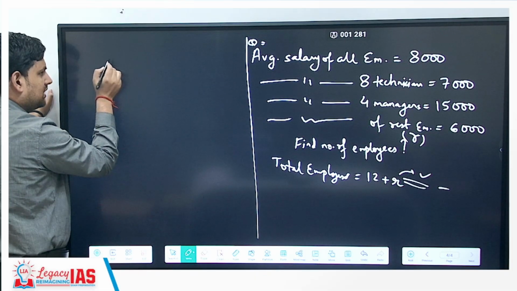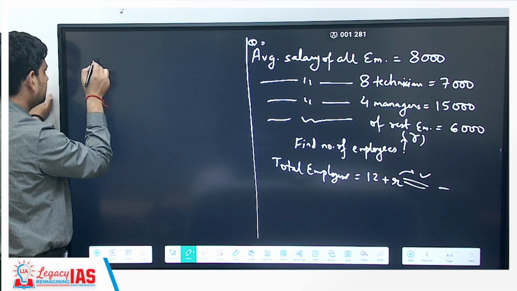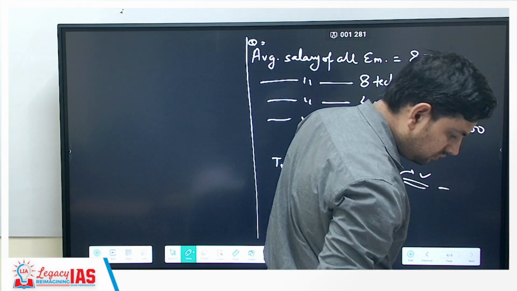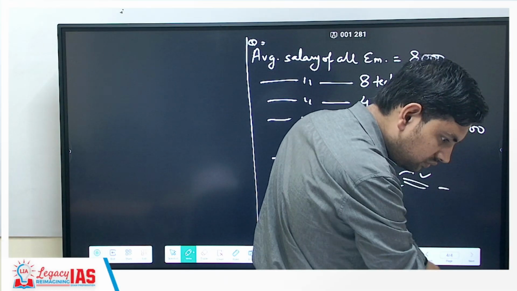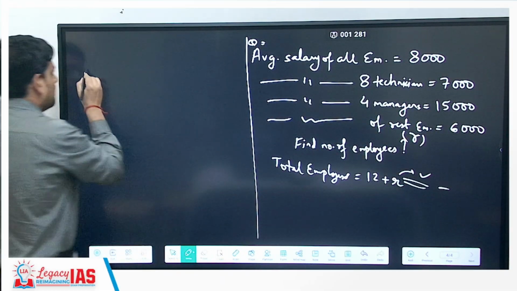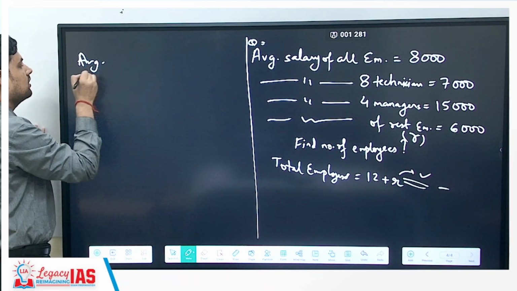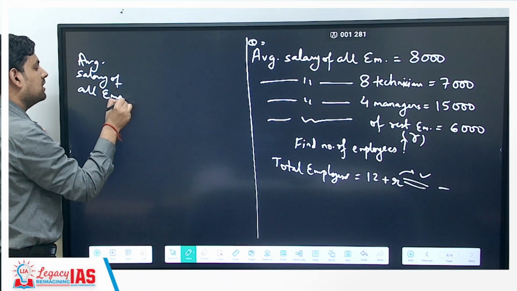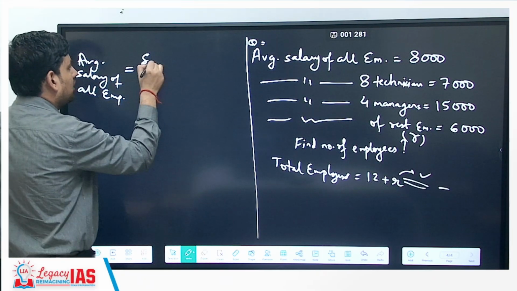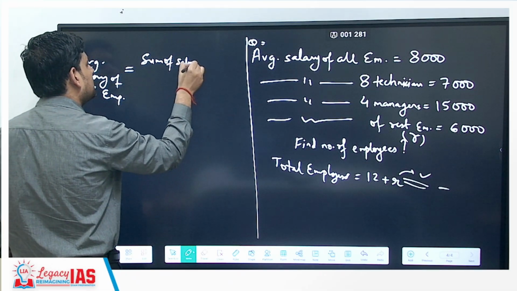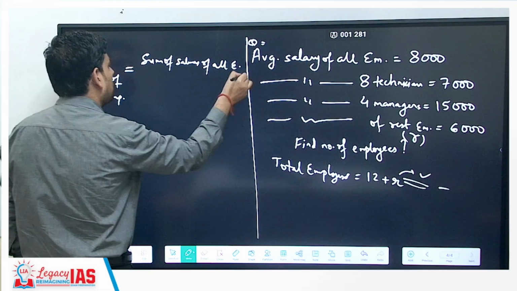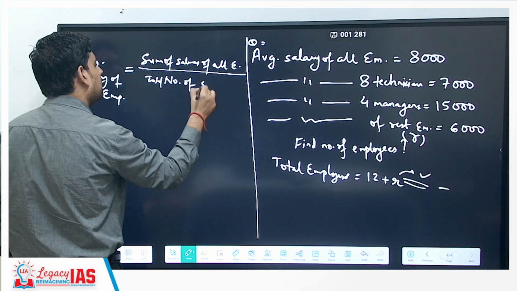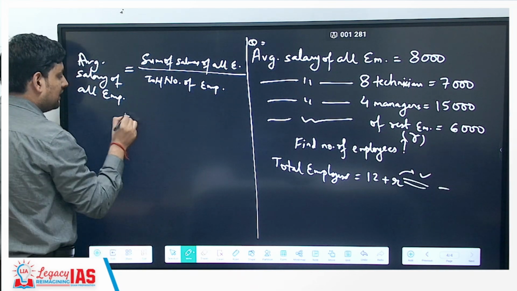That means average salary of all employees is equal to the sum of salaries of all employees divided by the total number of employees. This is fine with everybody.